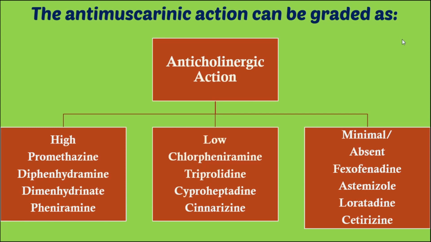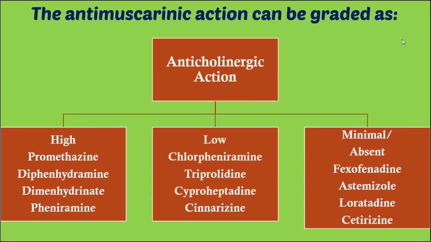The antimuscarinic action can be graded as high, low and minimal or absent. The drugs having high antimuscarinic action are promethazine, diphenhydramine, dimenhydrinate and pheniramine. So please remember promethazine has the highest antimuscarinic action.